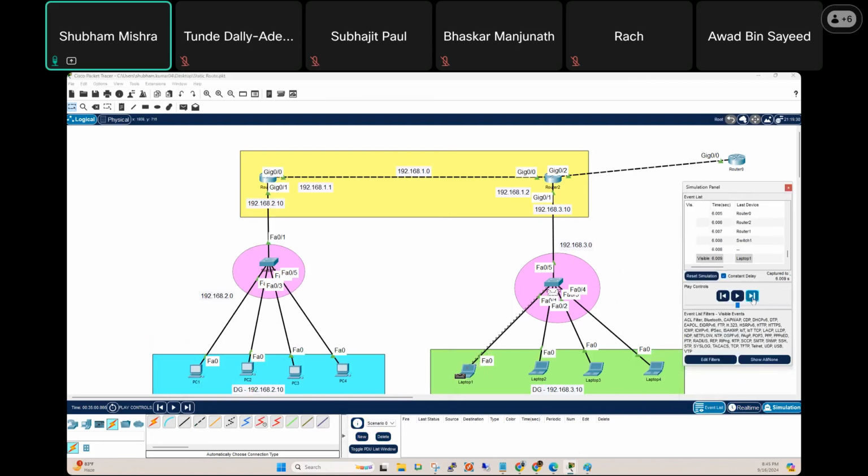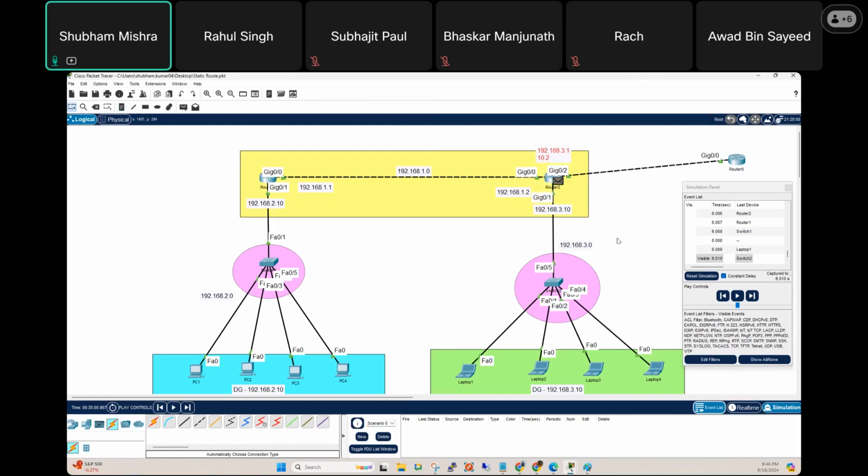It forwards to the switch, then to the router. Now tell me one thing: when this laptop is sending the packet, what is the source IP? The source IP is 192.168.3.1, right? Destination IP will be 10.0.0.2. Yes? The packet reaches here.